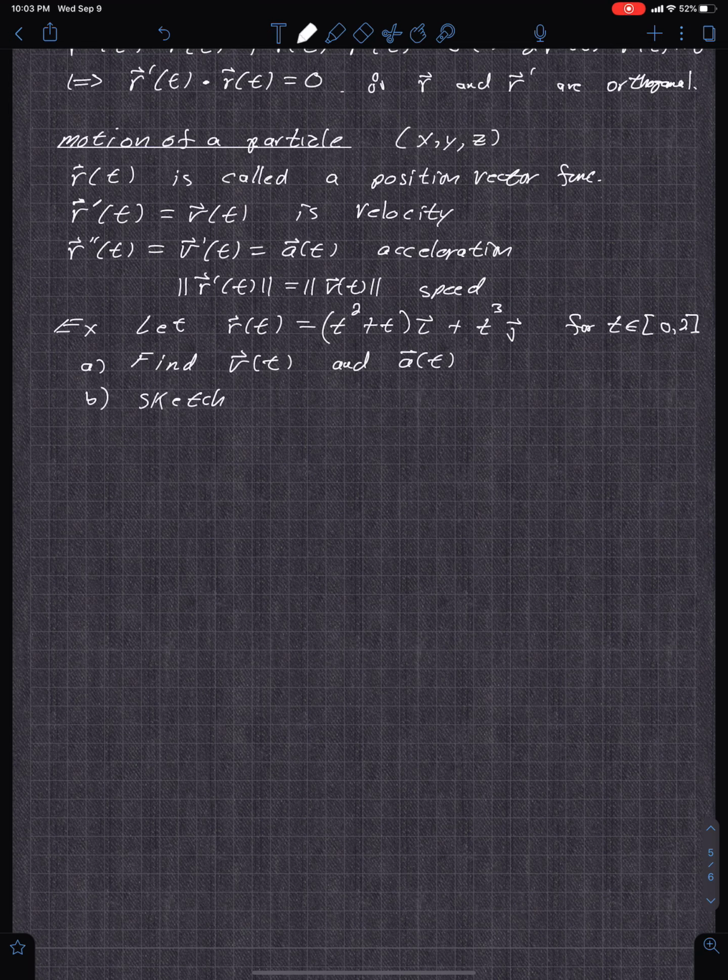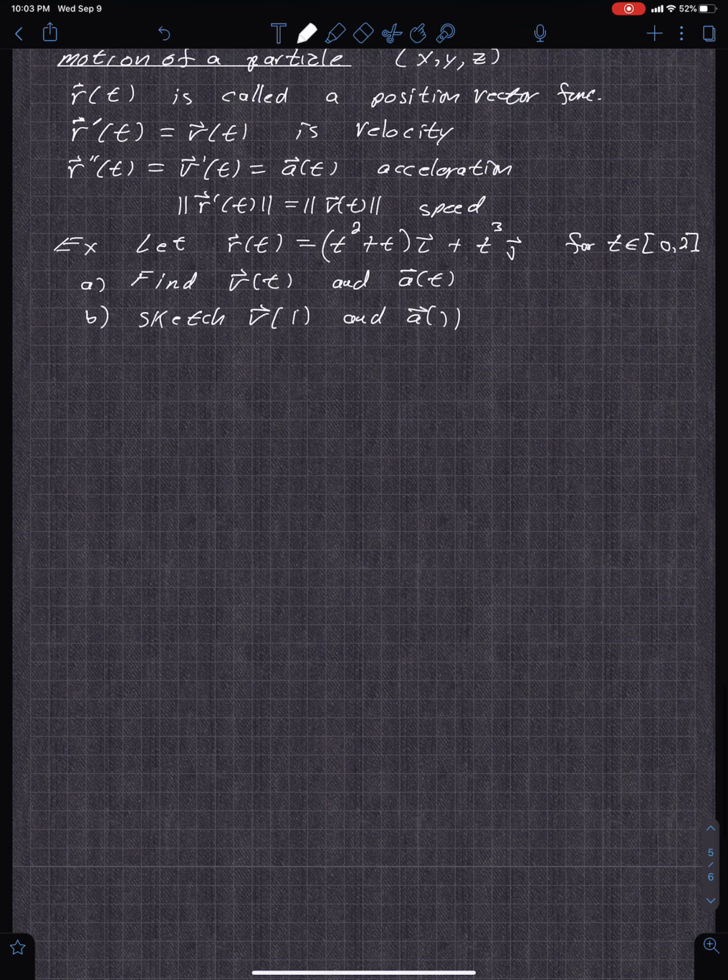And then part B, I'll give you a couple of hints of how to do it. Sketch it. This is like when you first start any sort of sketching. You'll just plug in points. So sketch v of 1 and a of 1, and then you want to put your initial point at whatever x is.